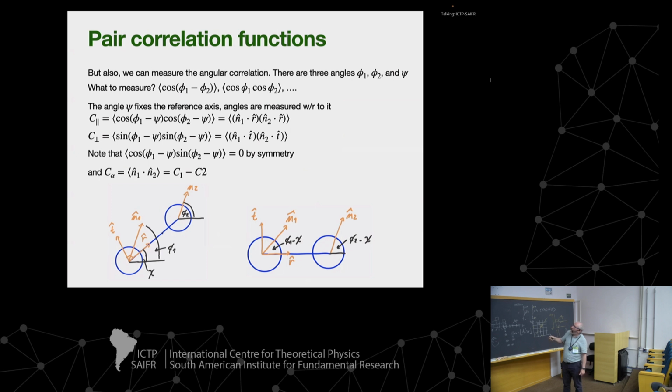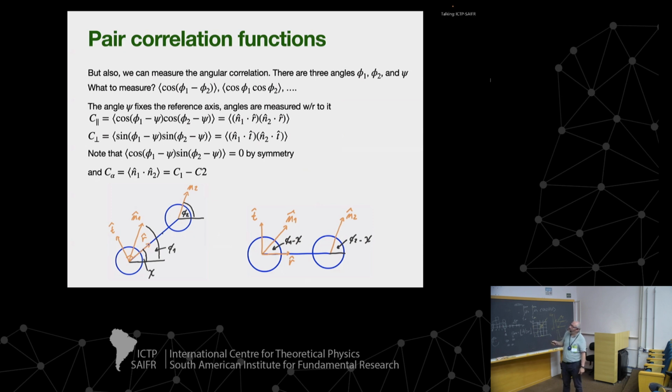So this is n1 times the unit vector, n2 times the relative vector. This is the average that you're computing. And you can compute the same thing with the sine function, but now doing the product not with this vector, but with the orthogonal vector.